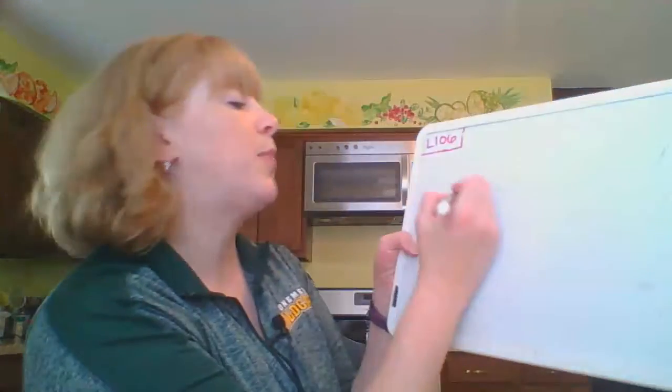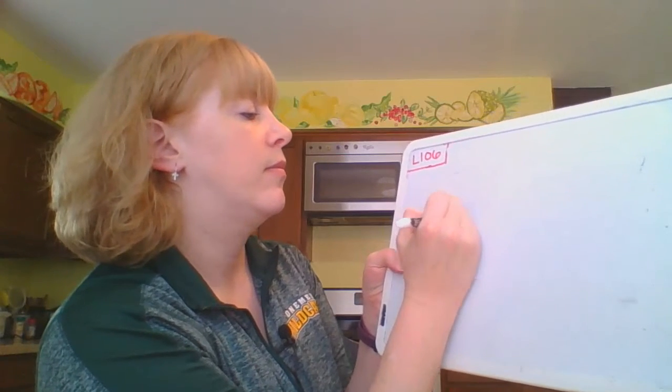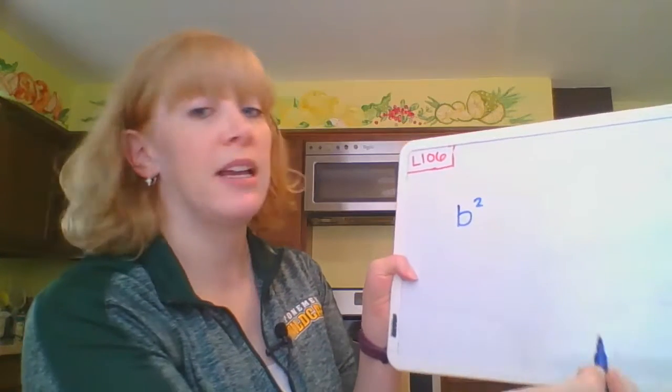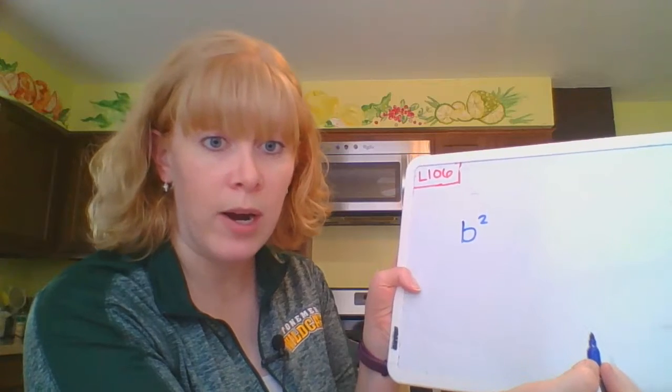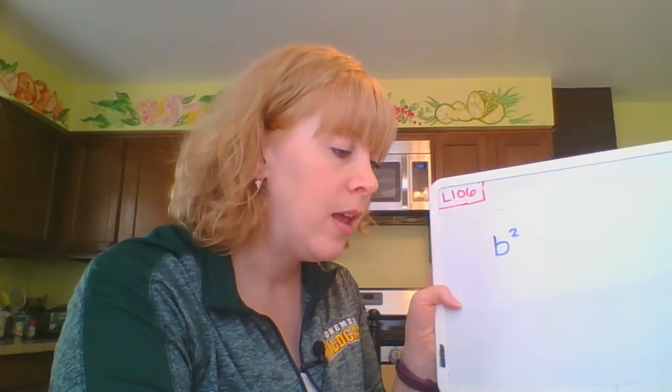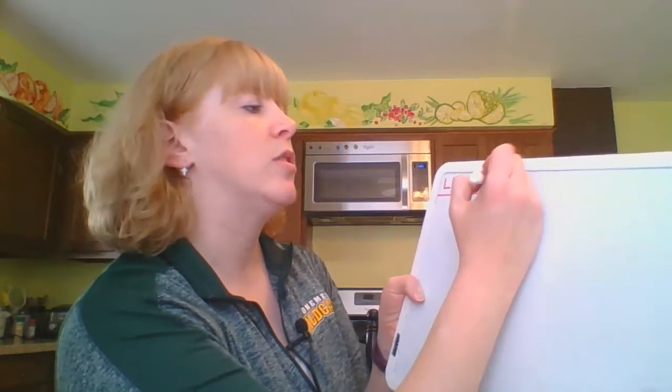Now I want to review some concepts, but I'm not going to actually do these examples. Number 4 has an exponent: B to the second power, or sometimes we say B squared if we're doing area. And it says when B equals 3.